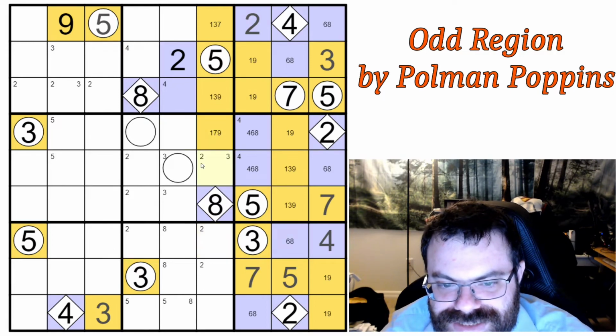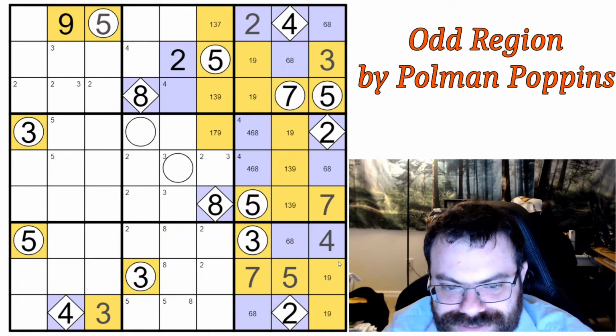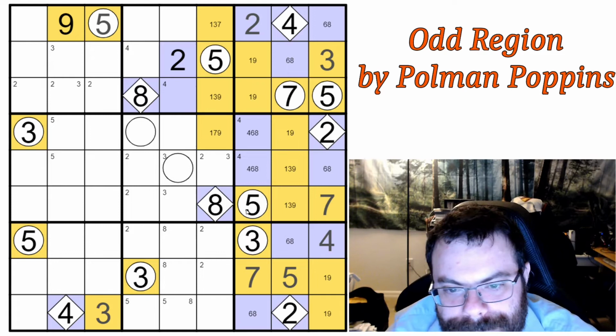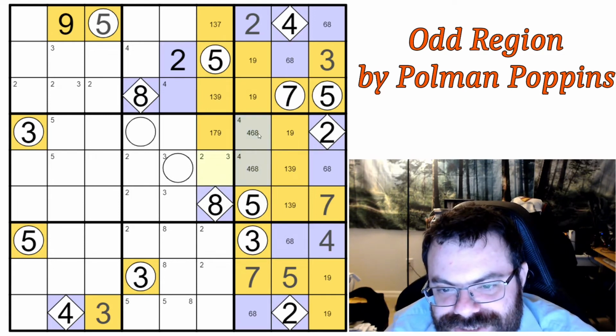This odd doesn't necessarily have to grow, because this can still connect up here. Or, I mean, this is all connected already, so it can just come around here. It feels like this 8 should take these, but it doesn't have to.